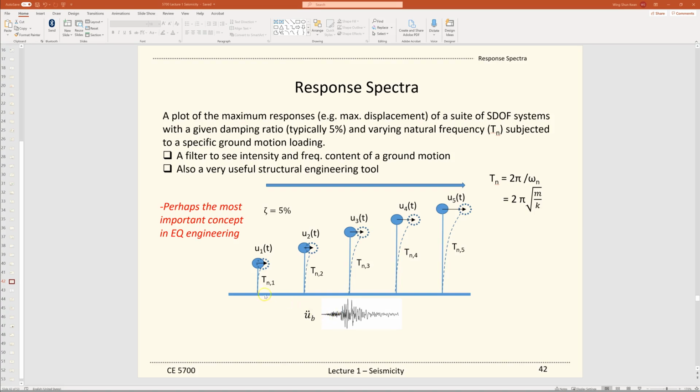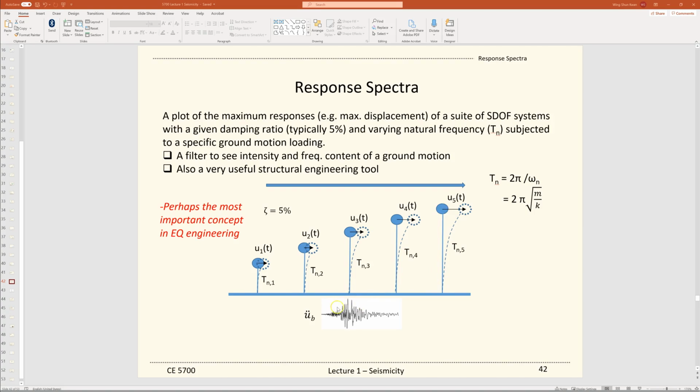Imagine this is the base, and on the base we have 5 different single degree of freedom systems, and each one has a lateral period. It's like a simple setup: you have a rod, and then you have a mass on top of it, and you have different lengths.